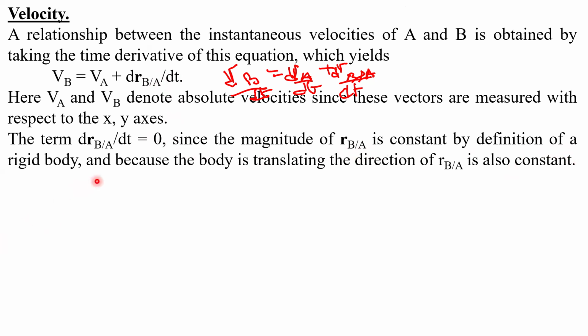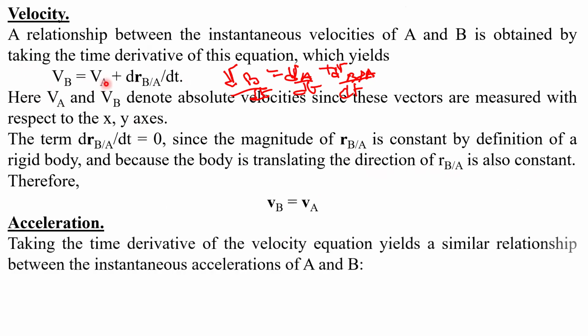Since the body is rigid, R of B with respect to A does not change. And because the body is translating, the direction of R of B with respect to A is also constant. Therefore, this term is 0, and we now have VB is equal to VA.